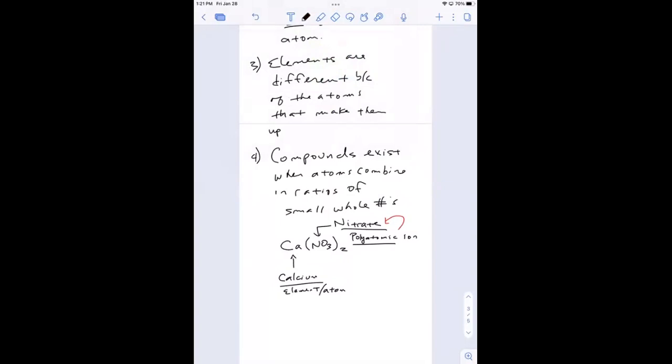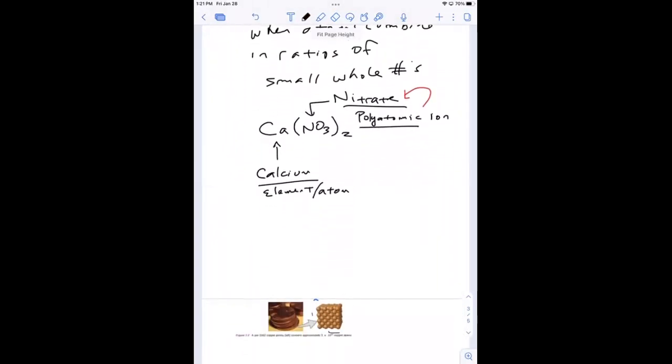Yes, thank you. Okay. So when we think about calcium nitrate, can somebody look at the periodic table and tell me what column calcium is in? Start at the left where hydrogen is and work your way to the right. Tell me what column calcium is in.